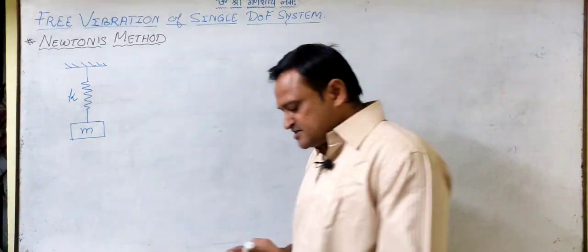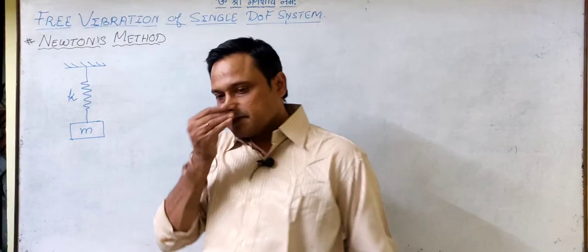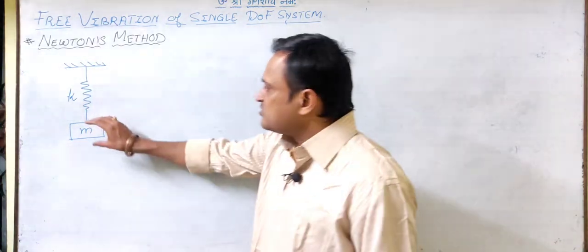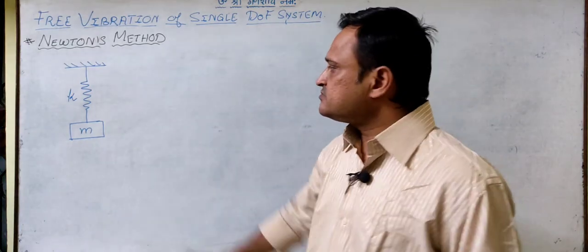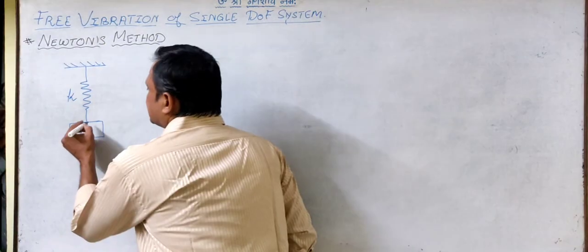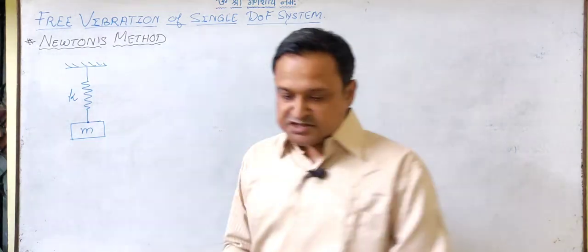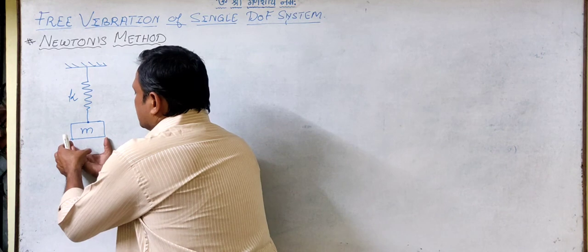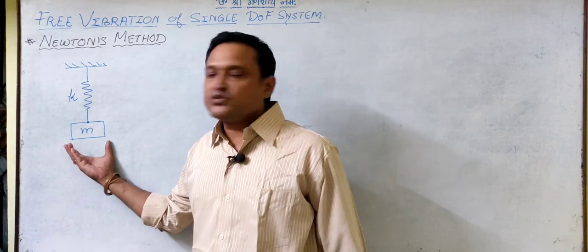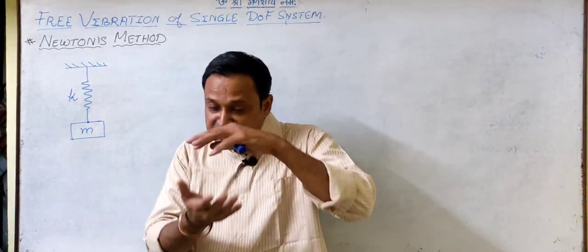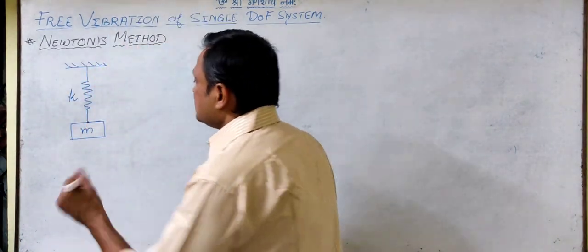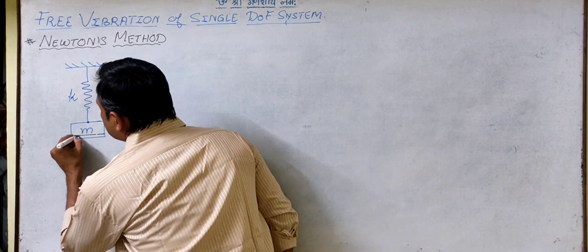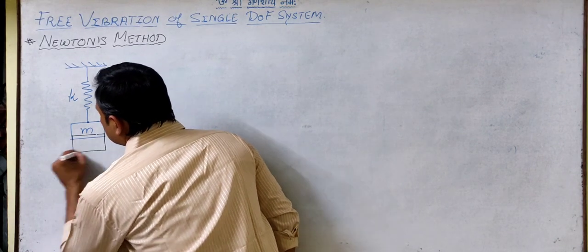Fine. Now what happens in this case is, when it is a free spring, the moment I hang a mass on this spring, the spring is going to get stretched a little bit to reach an equilibrium position. So maybe I'll show it somewhere here.